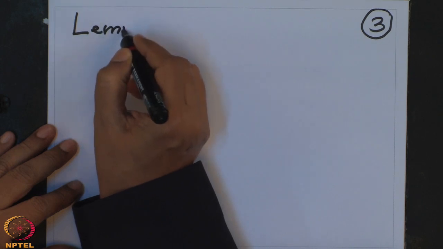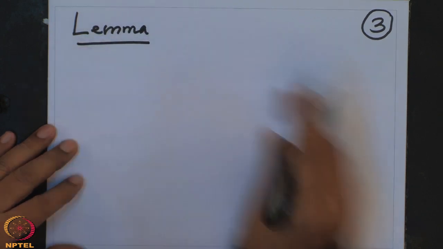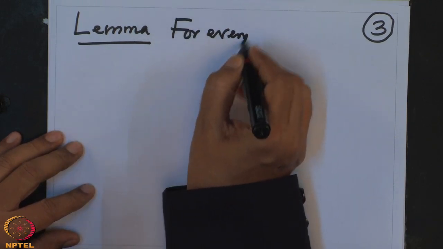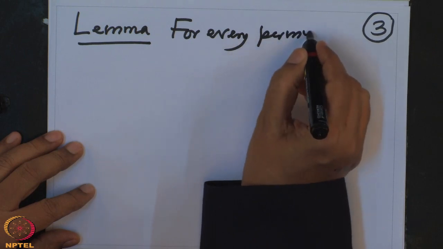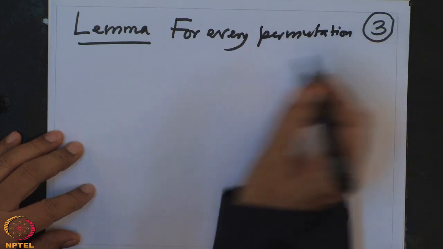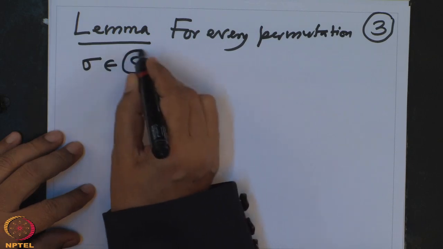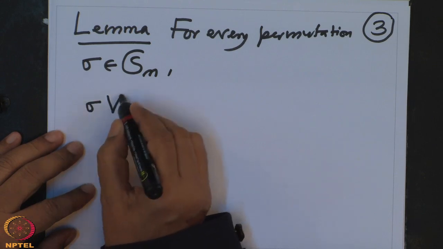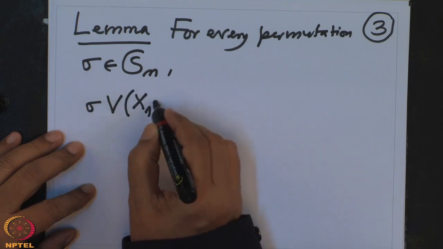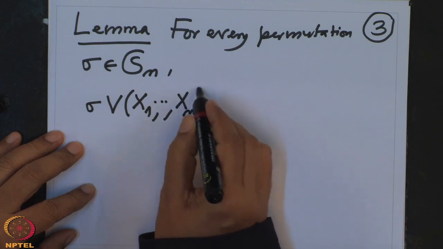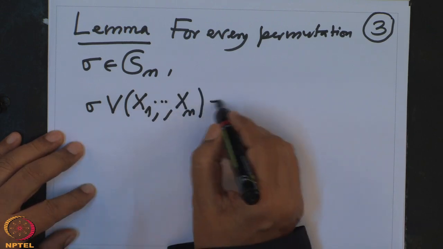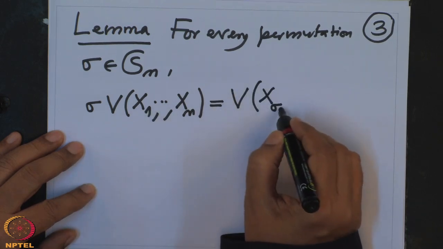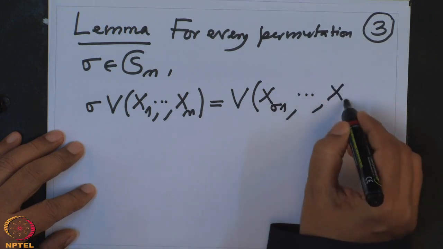Lemma: for every permutation sigma in Sn, if I permute the variables in the Vandermonde determinant according to sigma, by definition this is V of x sigma 1 to x sigma n.